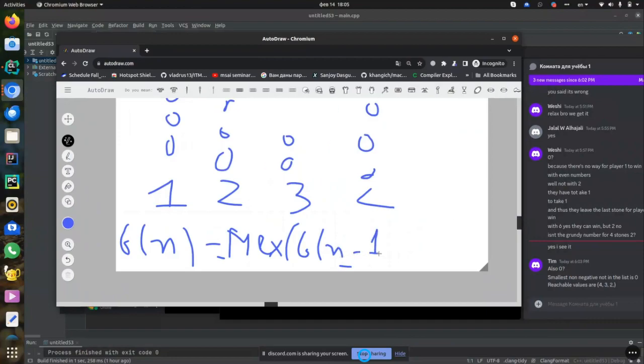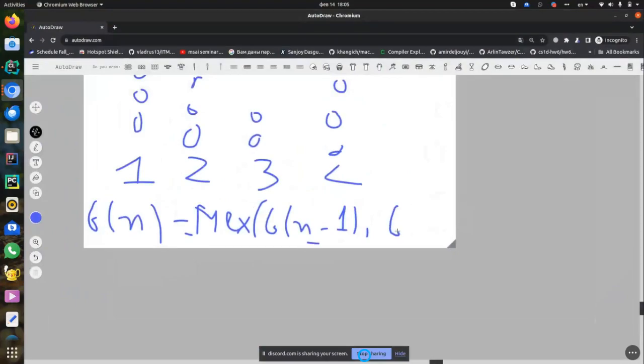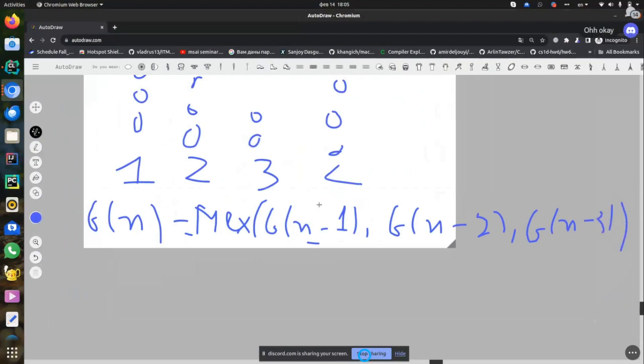We are calculating only the base case. Z minus two, because you need to use recursion to calculate this, and z n minus three. Yeah, we are calculating for the base case, for 1, 2, 3, and 4.